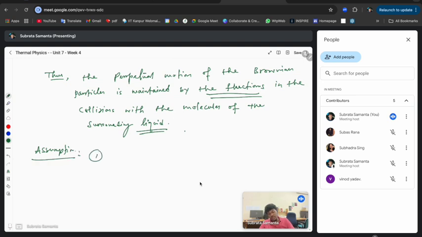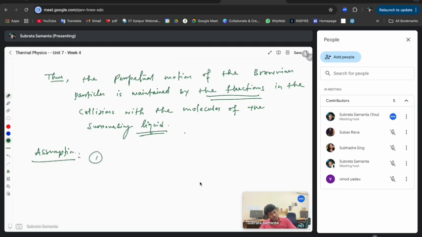So the basic assumptions are: one, the fluctuations or the random force Ft is independent of velocity, and Ft average, since it is random, is 0.